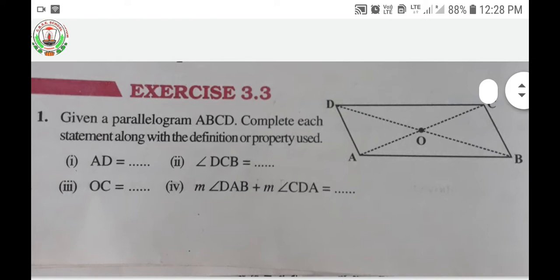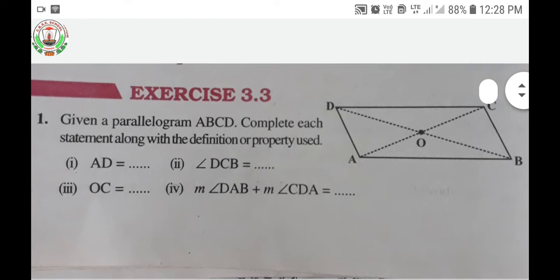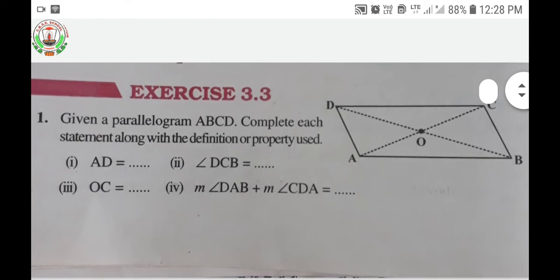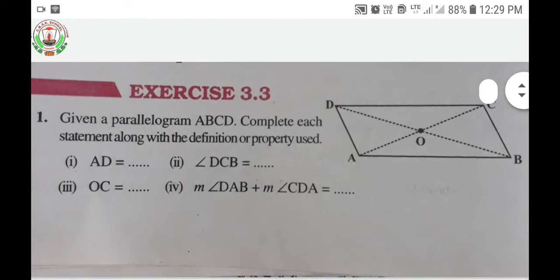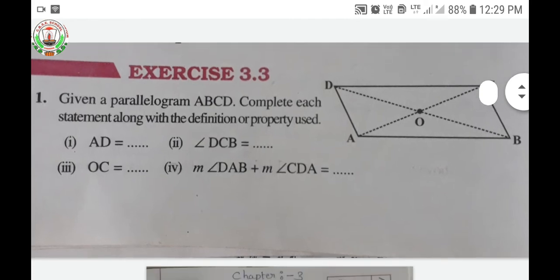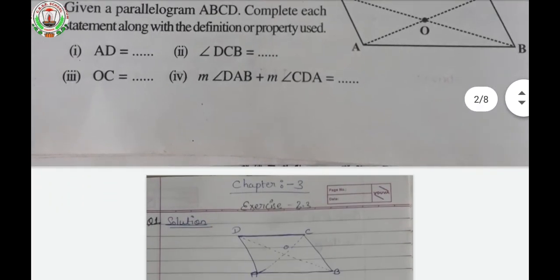Here it is said that AD will be equal to which side? AD is a side of the parallelogram, isn't it? That means AD will be equal to which side? BC, isn't it? Then angle DCB will be equal to which angle? You will be more clear when I show you the solution.